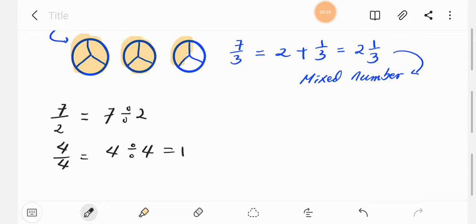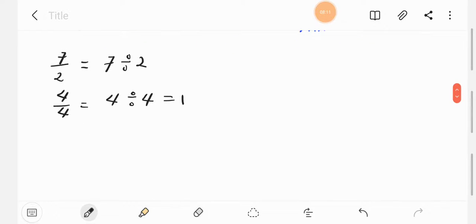Okay, and then how about this? What if we have a number 5? Isn't 5 the same as 5/1? Because 5/1 is 5 divided by 1, which is 5, right? So if there's no denominator, then there is always a denominator of 1.